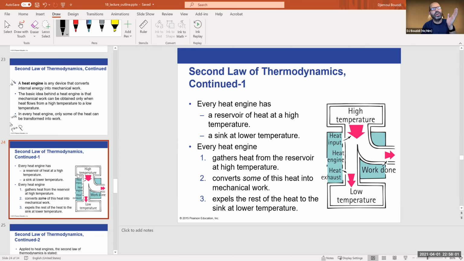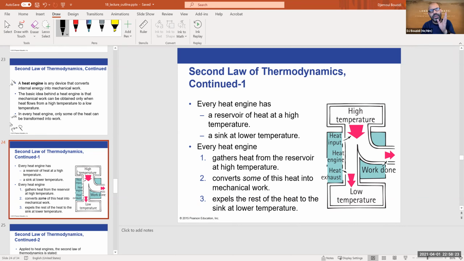So cars, Toyota, Mercedes, Ford, all of these makers of vehicles and makers of machinery and everything else, first of all, there is no such thing as a 100% efficient engine, even with the best Tesla out there that is running on an electric engine, or Prius, or whatever you can think of as being efficient.